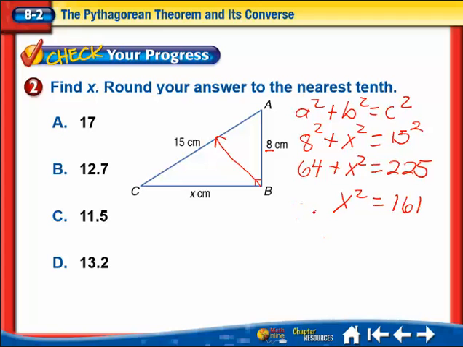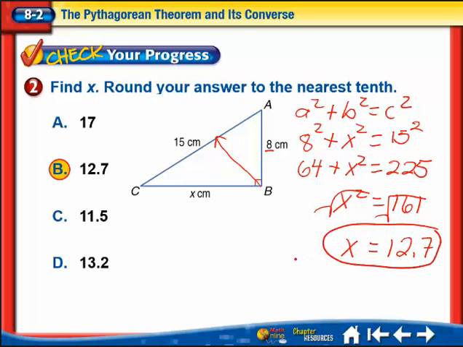Take the square root of both sides, x equals 12.7. Remember to round according to your directions. So it said to round to the nearest tenth. Is this the approximated or the exact value of side AC?